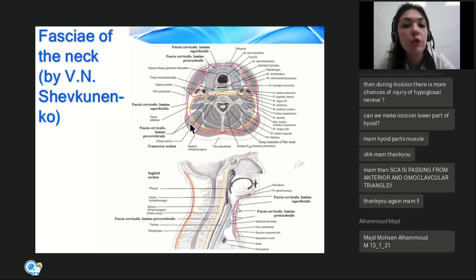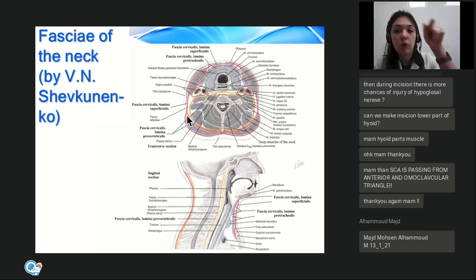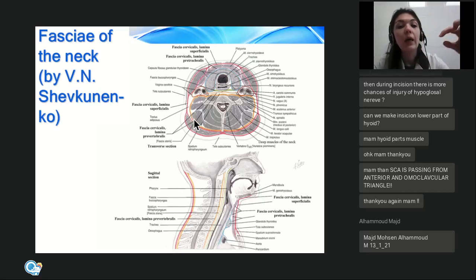The superficial lamina, lamina superficialis fasciae colli propriae, also goes circularly, surrounding the neck from all sides, and it encloses 2 muscles. From the anterior side, it is sternocleidomastoid, and from the posterior side, this is the trapezius muscle.